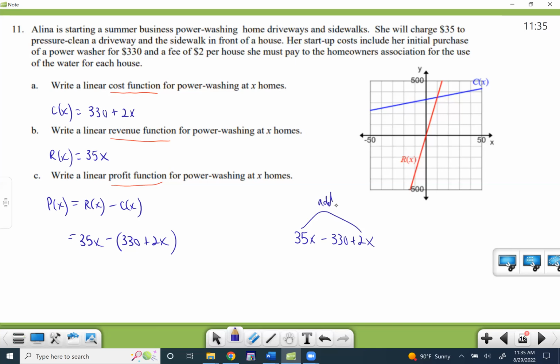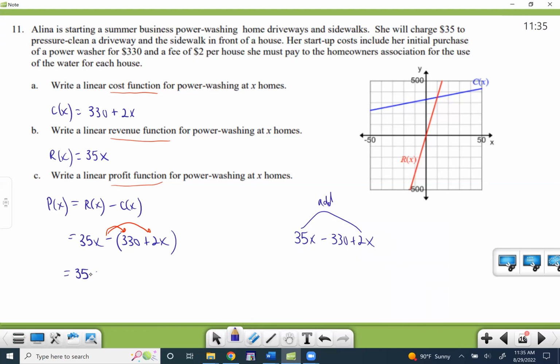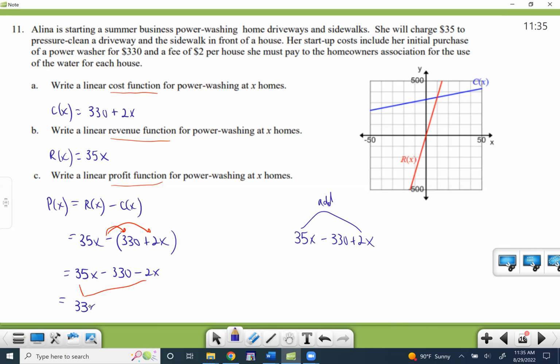That doesn't make sense. She's not going to make $37 per house, right? She charges $35 per house, but then she has to pay $2 for the water. So really she's only making $33 per house, right? And that's what distributing this negative is going to show. It's going to show that she had 35 per house, but now it's a negative 2x because we distributed the negative. So when we combine like terms, 35 take away 2, she's really only going to get $33 per house then.